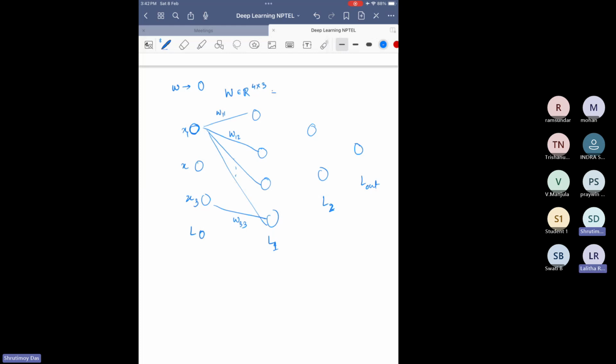So this weight matrix is basically 4 by 3: w11, w12, w13, w14, and so on, up to w31 and w34. We can put all of these weights in a matrix and get this 4 by 3 matrix.